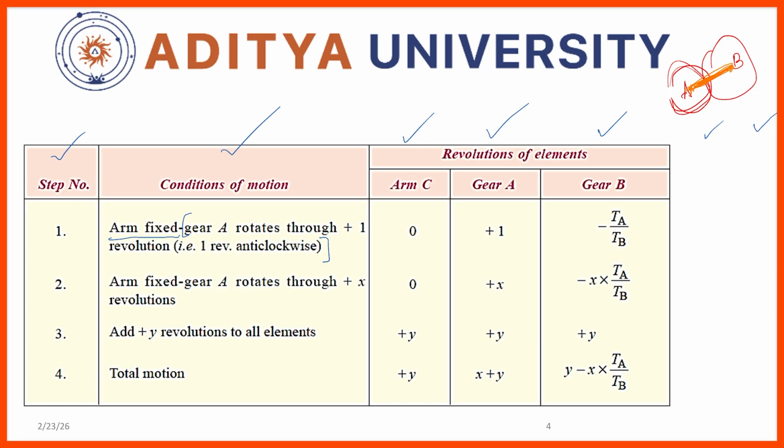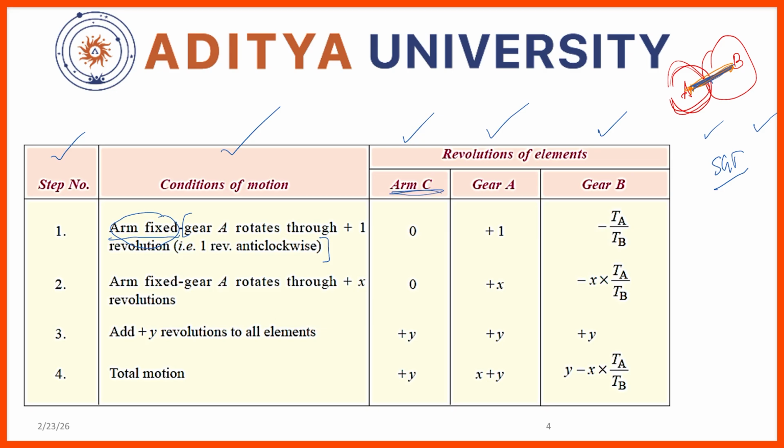So even though it is an epicyclic gear train, initially you need to forget about the arm. Then how do you forget about the arm? You need to fix it. When the arm is fixed, it is called simple gear train. So first you need to write simple gear train equation for all the components. Then you need to modify one by one.